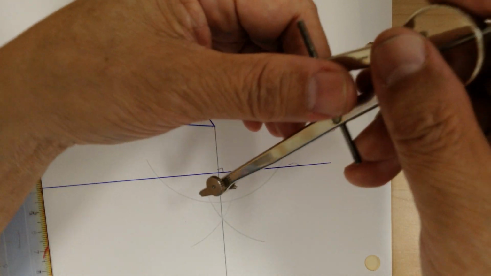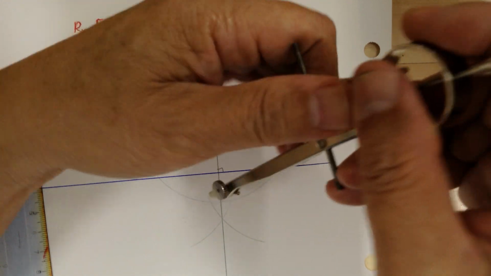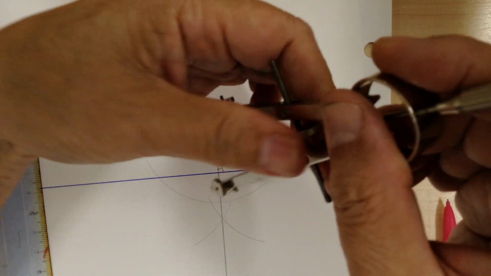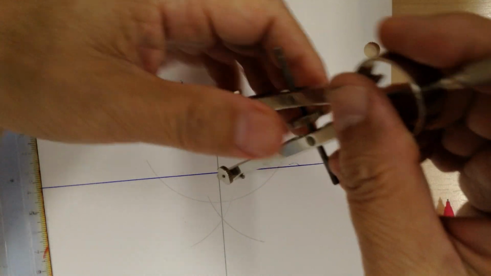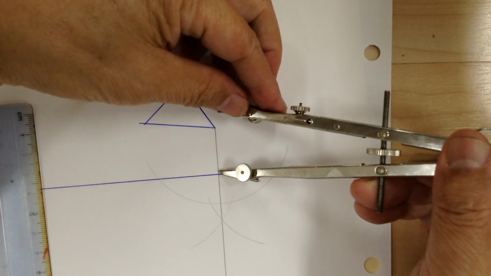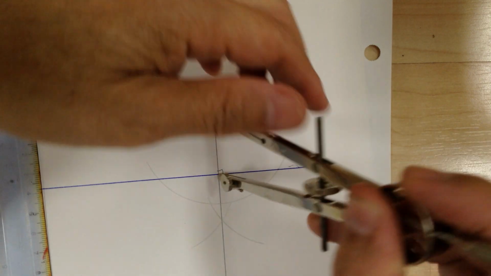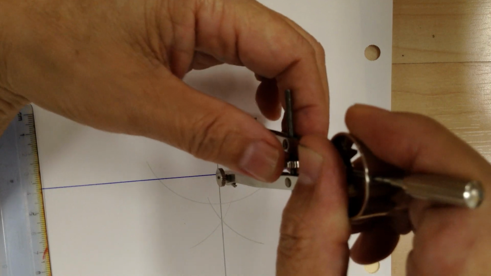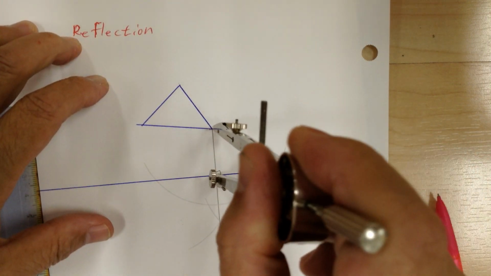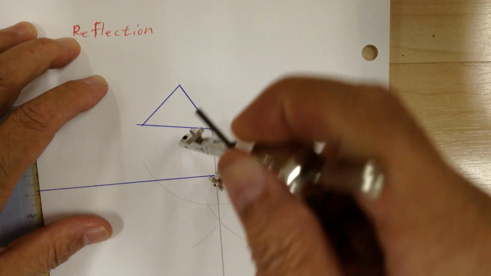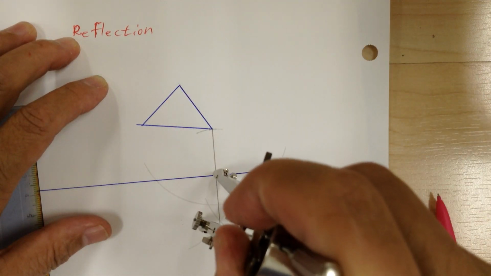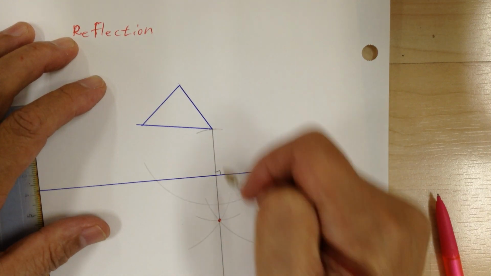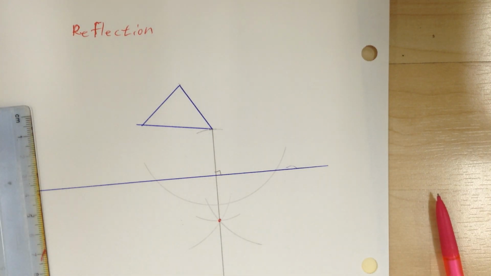So again, it's all about drawing the perpendicular line and copying the distance. Let's copy this distance over here. Let's mark before we lose the spot. So this is equal to that.